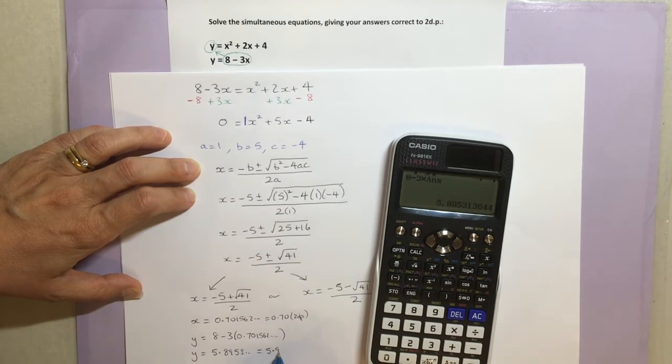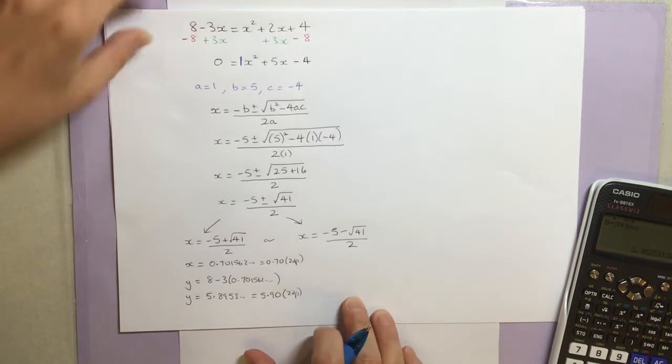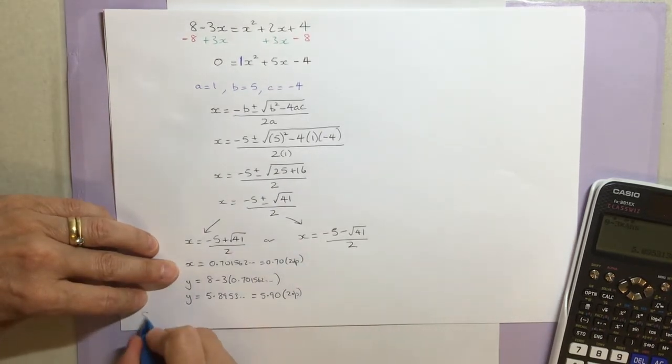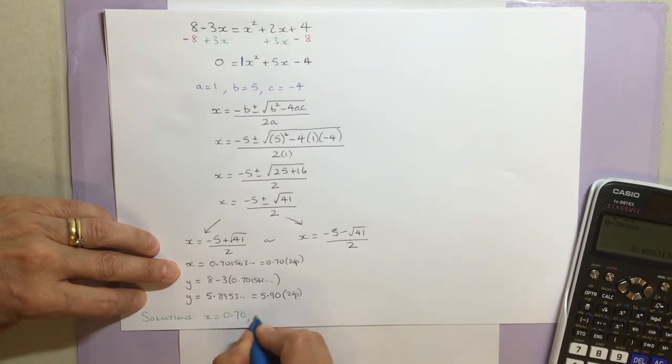So that's 5.90 to 2dp. I'm just going to move this paper up to make sure you can see this. So here we've got one solution. So my first solution, when x is equal to 0.70, y is equal to 5.90 to two decimal places.